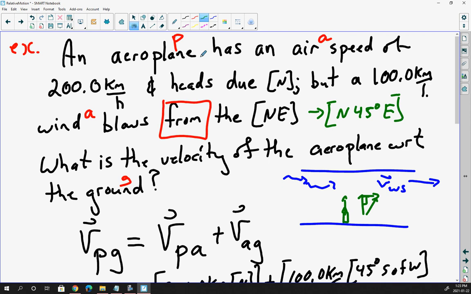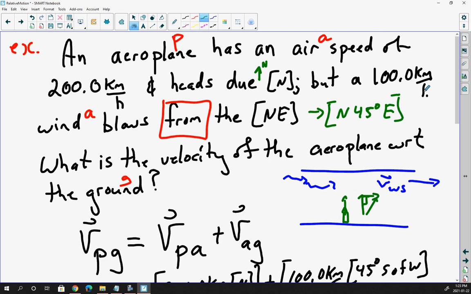So here we go. An aeroplane. So that's one of the reference frames, the plane. It has an airspeed, so that's one of the reference frames, the air, of 200 kilometers an hour as it heads due north. That means the pilot is aiming the airplane due north, just like the boat captain was aiming the boat due north.